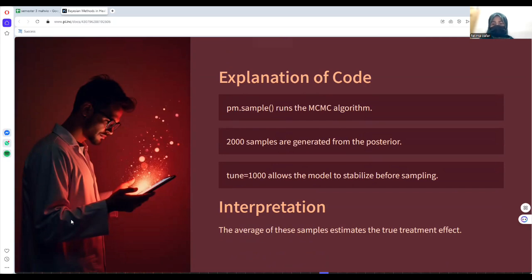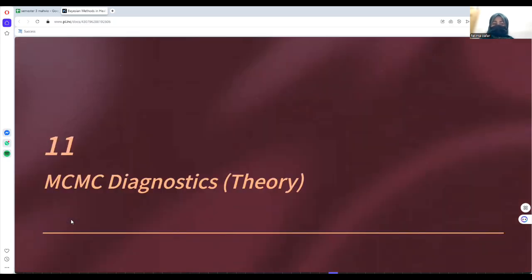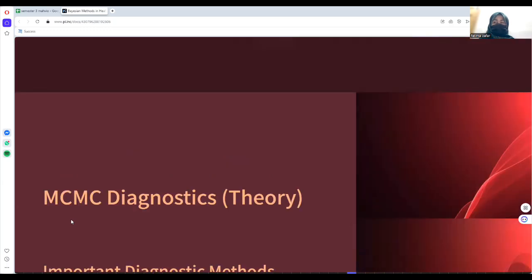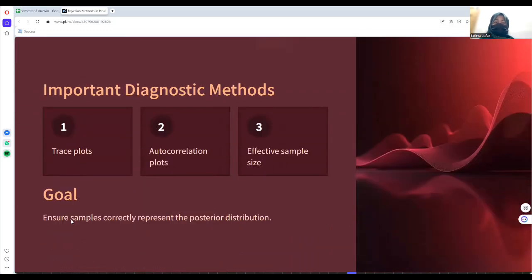At the end, let me cover a little theory about diagnostics. Markov chain Monte Carlo diagnostics: after running Markov chain Monte Carlo, we must verify whether the simulation converged or not. Important diagnostic methods are trace plots, autocorrelation plots, and effective sample size.